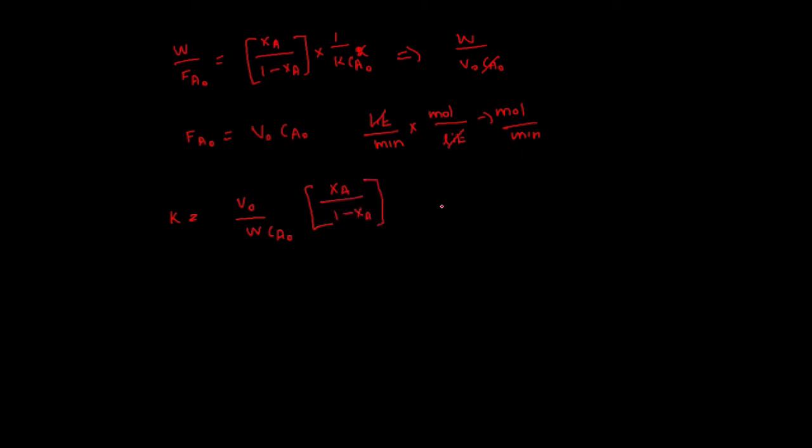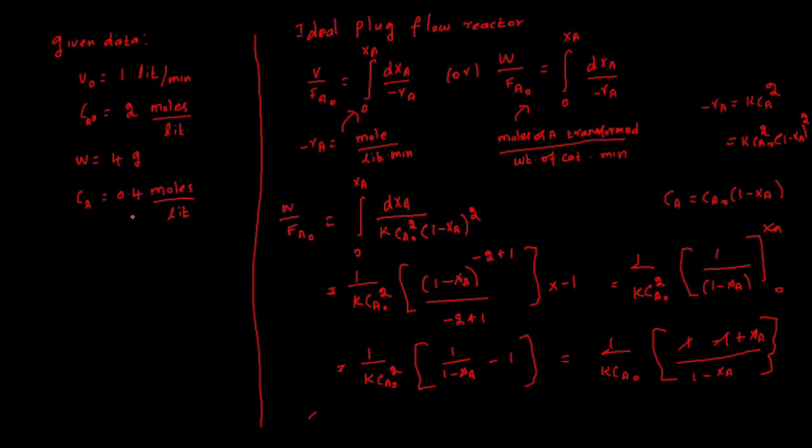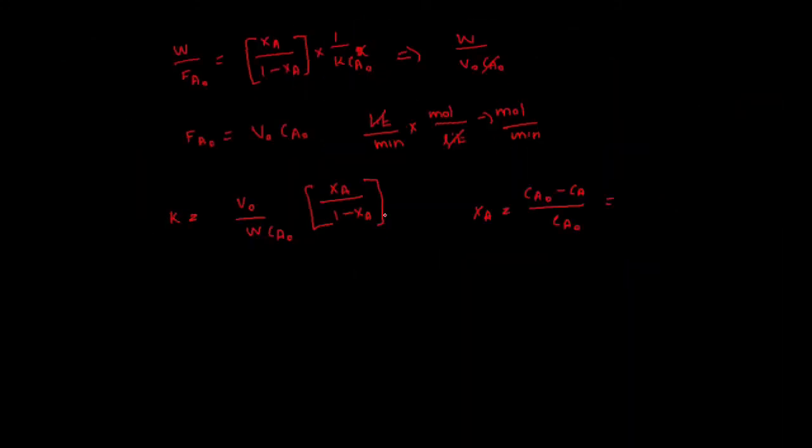In the problem, Ca naught and Ca are given. I can write the equation for the conversion. Xa is equal to Ca naught minus Ca divided by Ca naught. Ca naught is 2 moles per liter and Ca is 0.4 moles per liter. 2 minus 0.4 divided by 2. Therefore, 1.6 divided by 2, that is equal to 0.8.